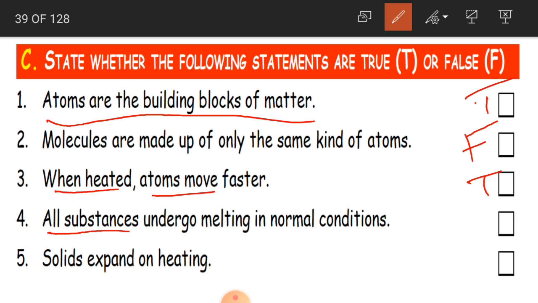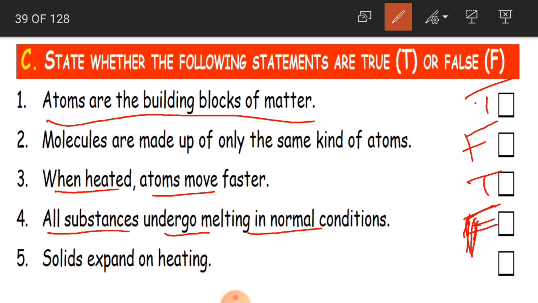The fourth one is: all substances undergo melting in normal conditions. Children, this is false. All substances cannot undergo melting in normal conditions. Some may undergo, some may not. Like for example, candle wax.